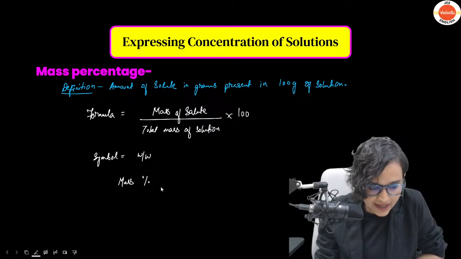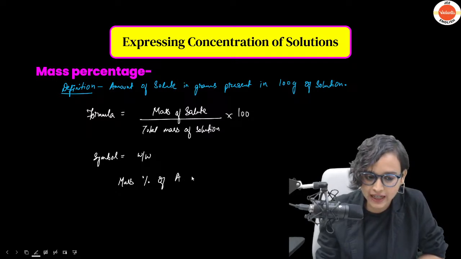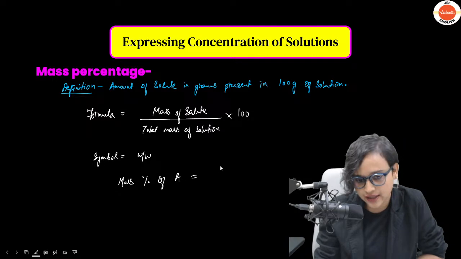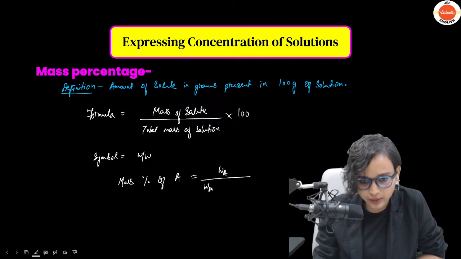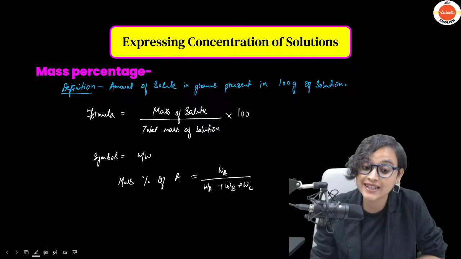Mass percentage of, let's say, A. How can I write it? I will write it as WA divided by WA plus WB plus, let's say, WC. There are three components. Let's say it's a ternary kind of solution. So WA divided by WA plus WB plus WC into 100.